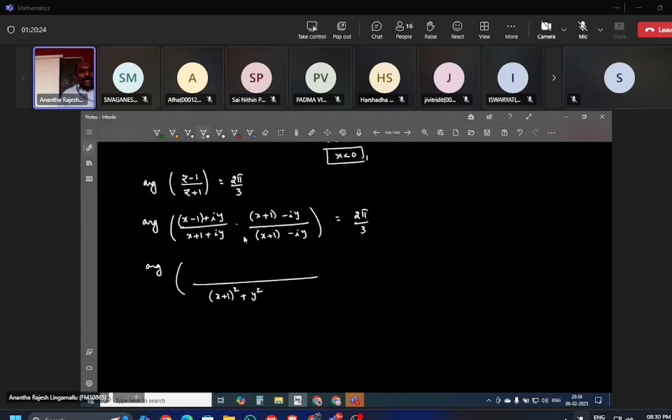These two are not same. This is x minus 1, this is x plus 1. So we have to multiply. Okay, multiply these two: x minus 1 into x plus 1, minus x minus 1 into iy, plus iy into x plus 1, minus i square becomes minus. So can I write directly plus y square? Right, is equal to 2 pi by 3.